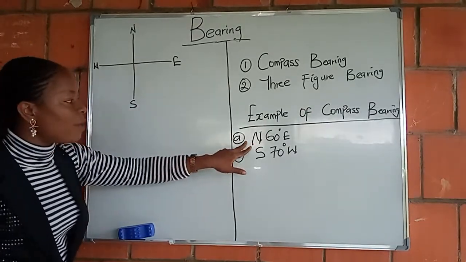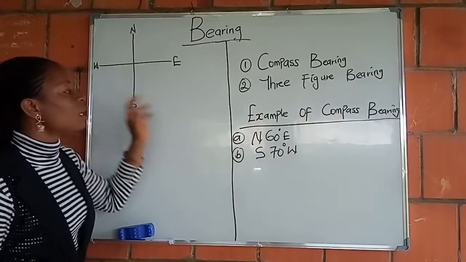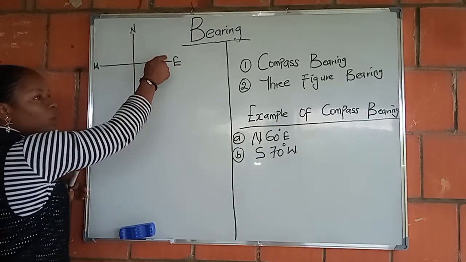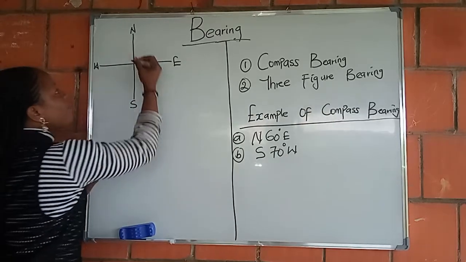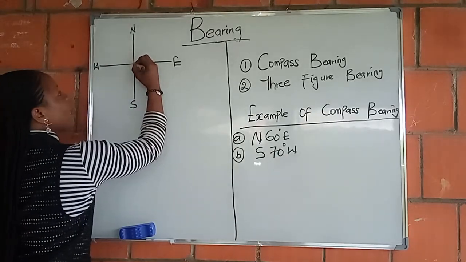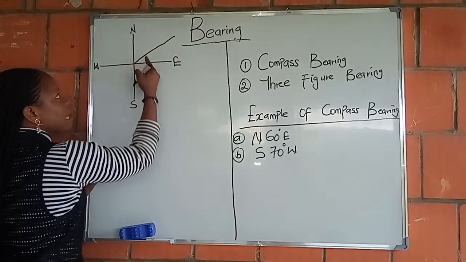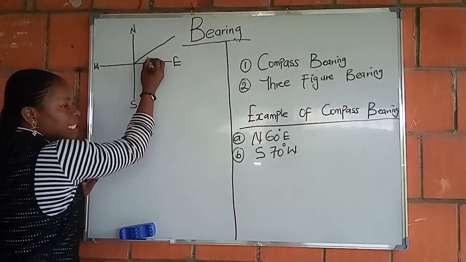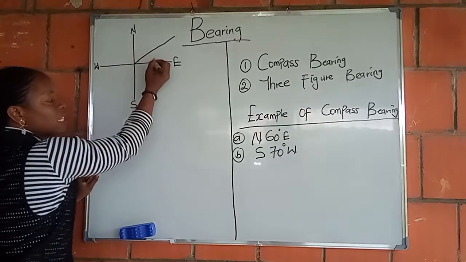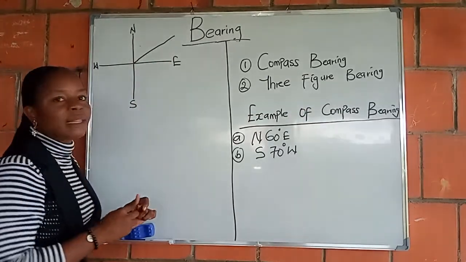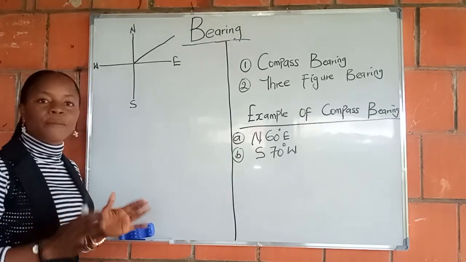Now let's see how I can represent north 60° east. We have the north, we have the east. Each of this is 90°. So from my 90 I can take 60 out, I can sketch my 60 with the help of your compass. I call this my 60, I call this my 30°. So that 60 plus 30 will give me 90°. But remember, the compass bearing takes its measures from the north pole.